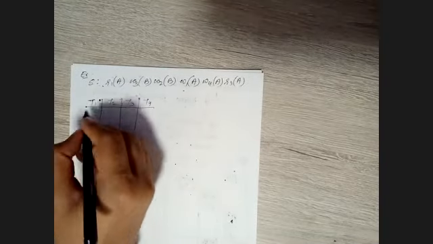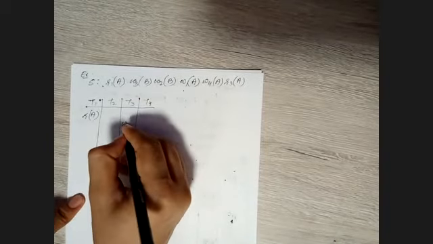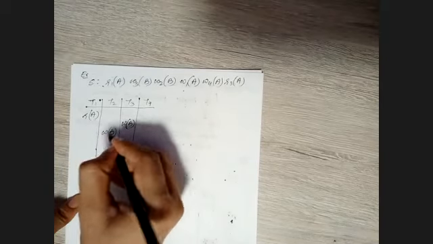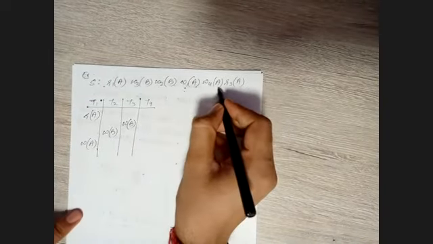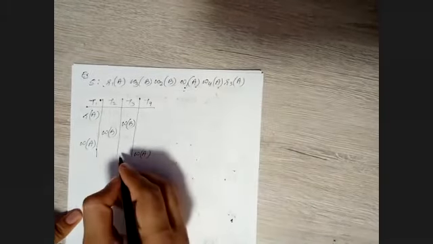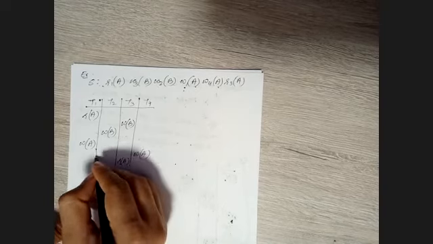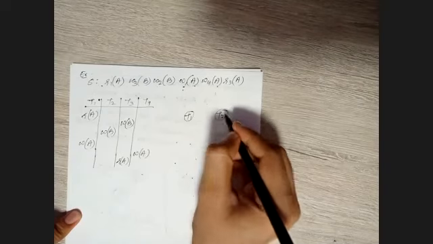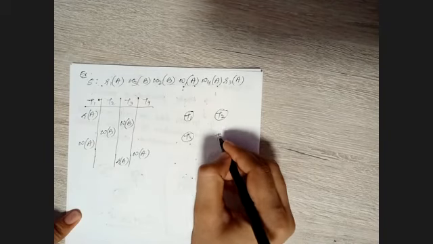R1 of A, then W3 of B, that is over here, W2 of B, that is here, W1 of A, that is here, W4 of A, that is here, and R3 of A, that is here. So 4 transactions, that means 4 vertices. These are.